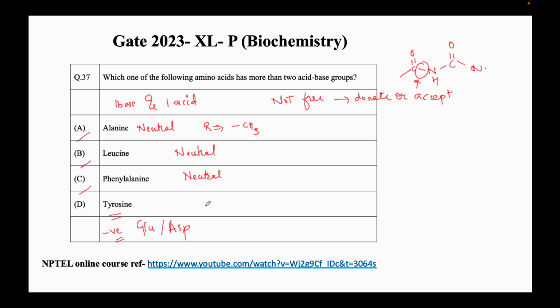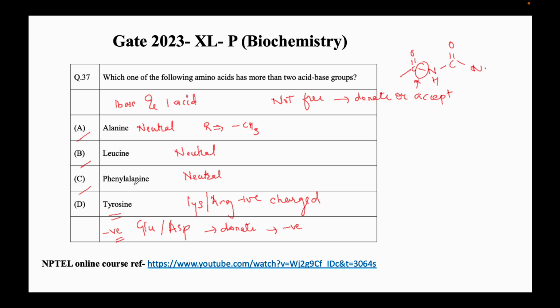Just like tyrosine, they'll donate a proton, and the overall charge on the polypeptide will be negative. That is why they are negatively charged amino acids. We also have positively charged amino acids like lysine, arginine.